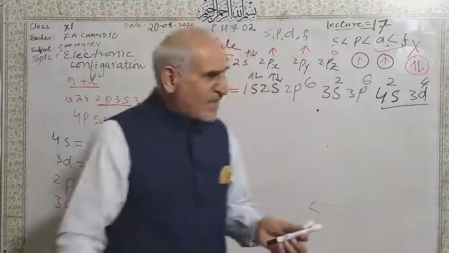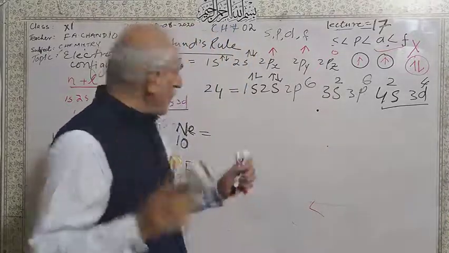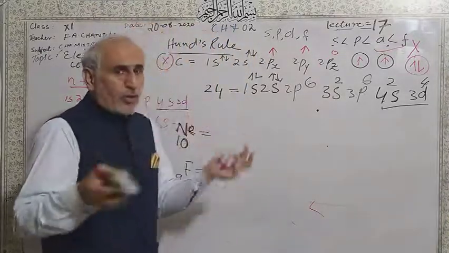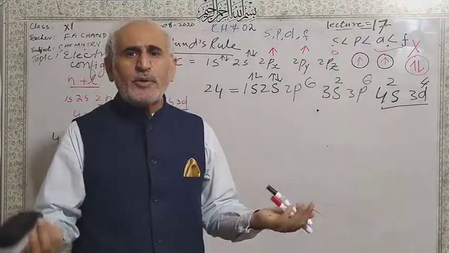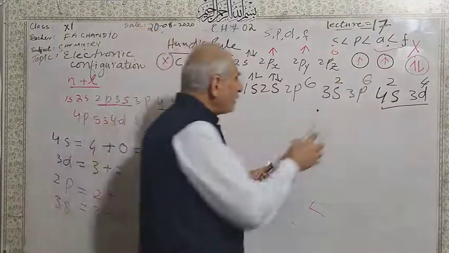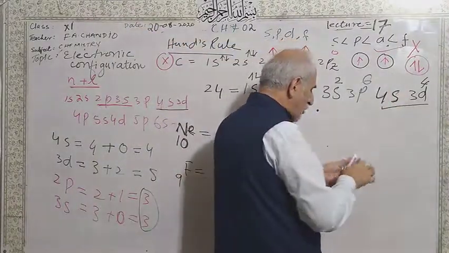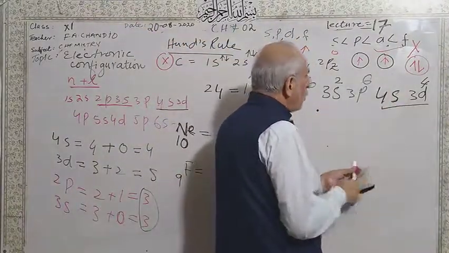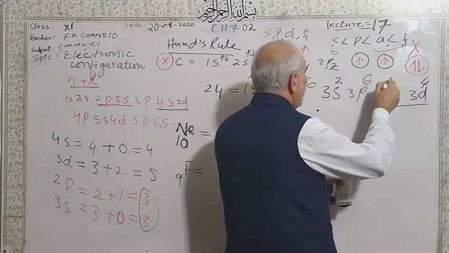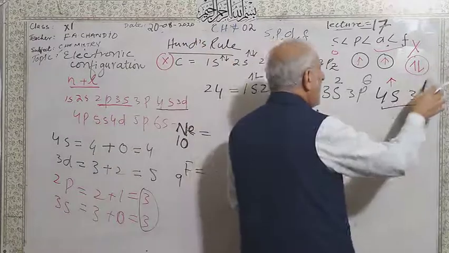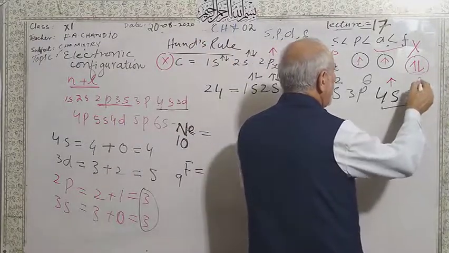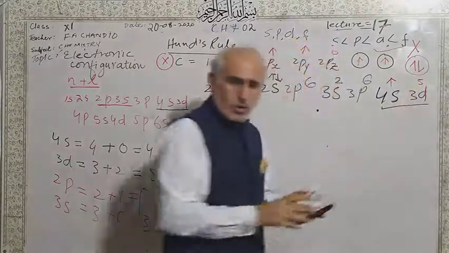The rule is that electrons should be 24. I'm not going to change the number 24 because the atomic number is 24. Electrons should be 24. But what am I going to do? I am going to promote one electron from the s to make the 3d 5.